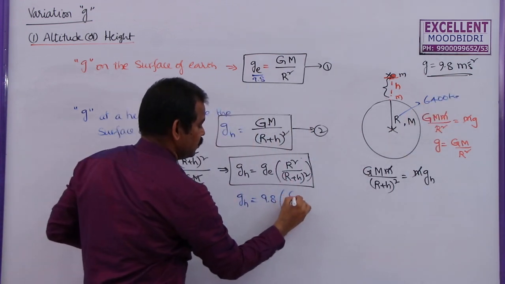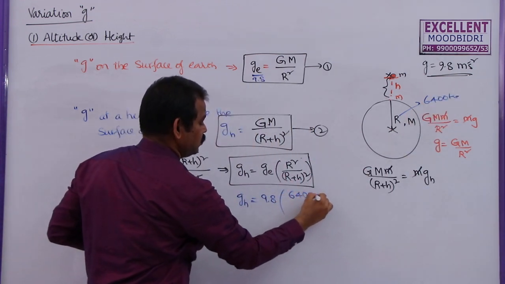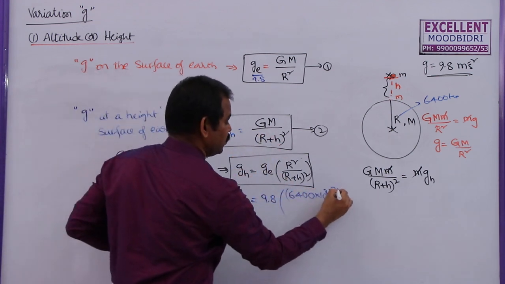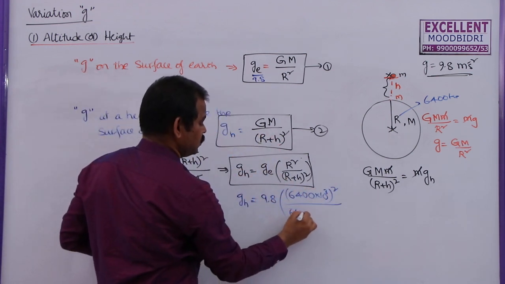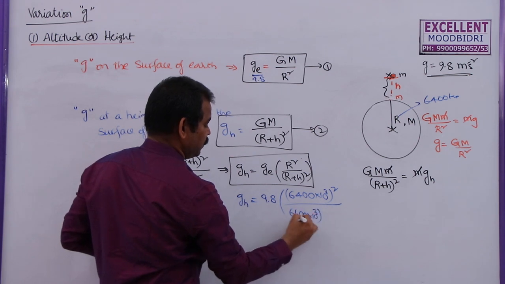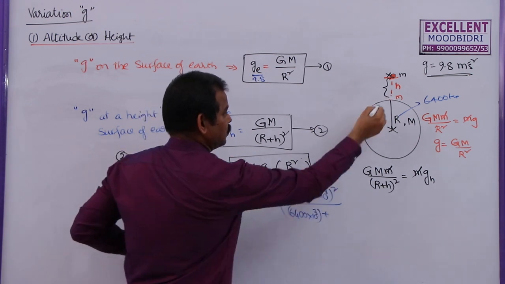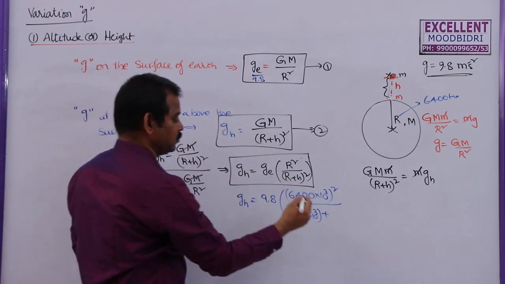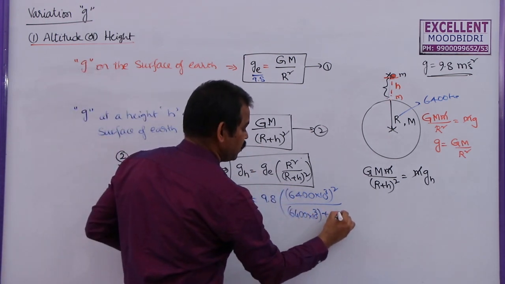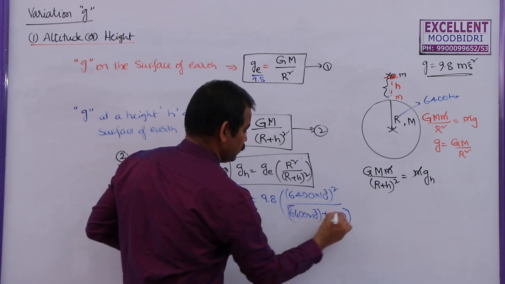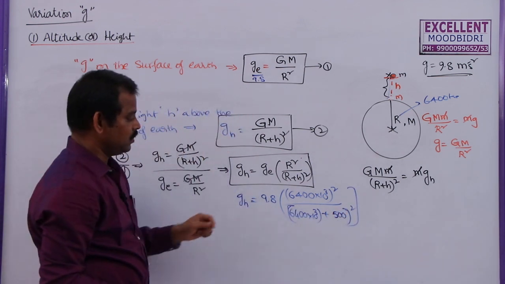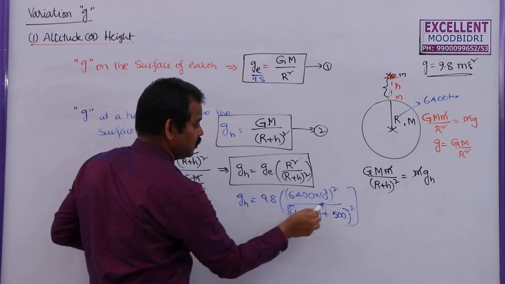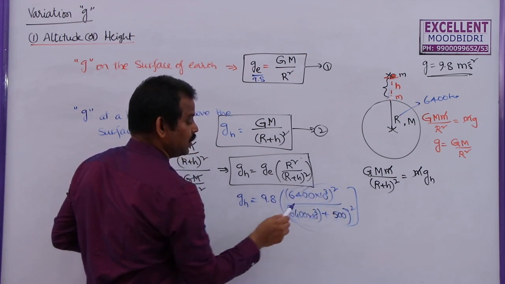So this will be 6400 into 10 power 3, because we converted kilometers to meters, divided by 6400 into 10 power 3 plus some height. This height may be 100 meters, 200 meters, 1000 kilometers, 5000 kilometers. So let me take 500 meters, whole square. You can see the denominator has a bigger value than the numerator. So this value should be less than 1.